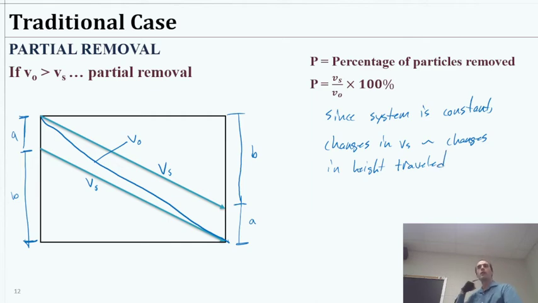Because we have the same amount of time in the system, it's just going to drop some proportion. So P is VS over V critical times 100%.